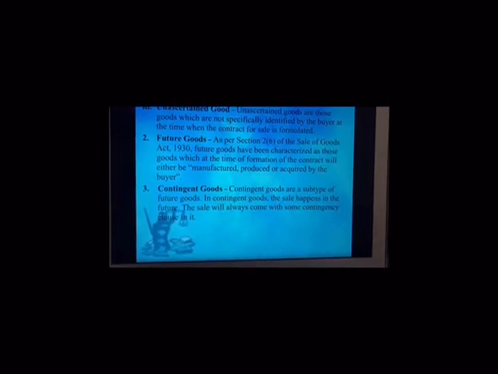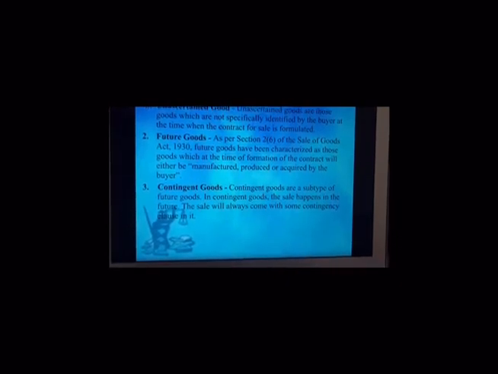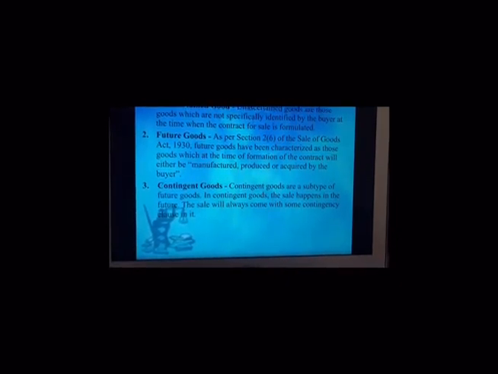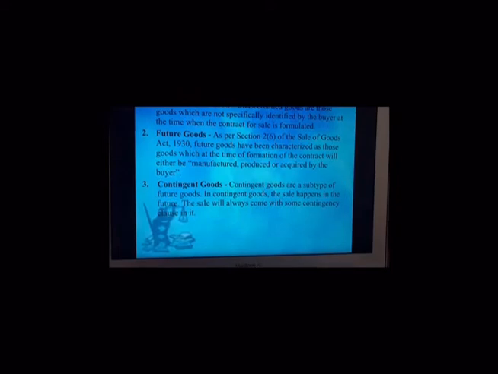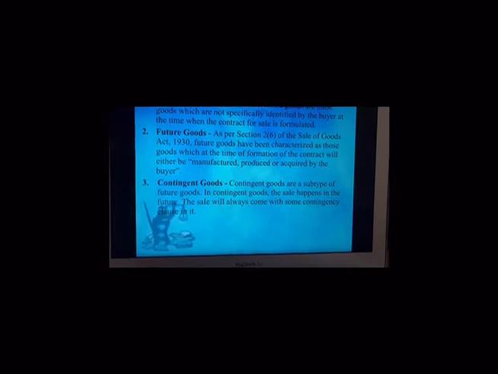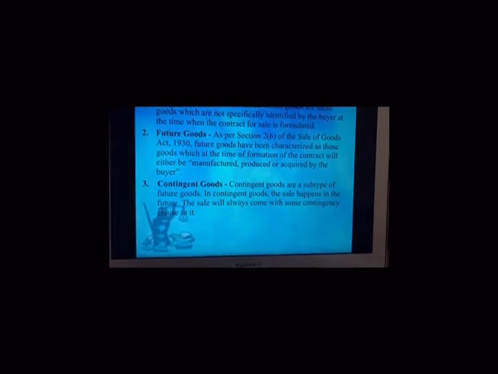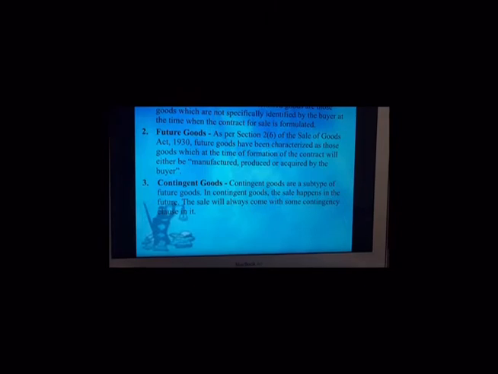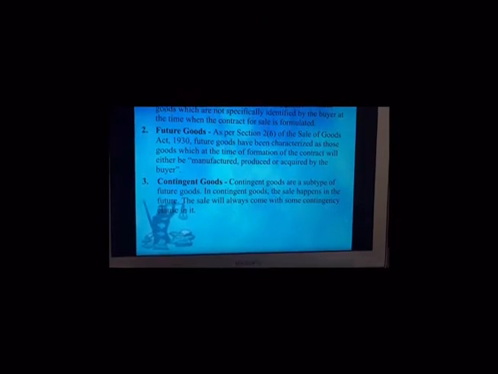Second type of goods are future goods. Future goods are those goods which are produced after the signing of the contract. For example, a piece of furniture is produced after the signing of the contract because it totally depends upon the type of furniture, or the nuance of the furniture is defined by the choice of the buyer.